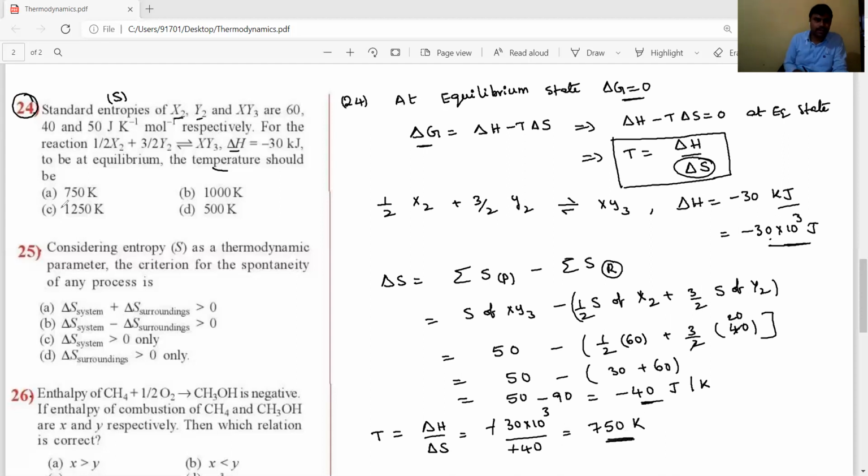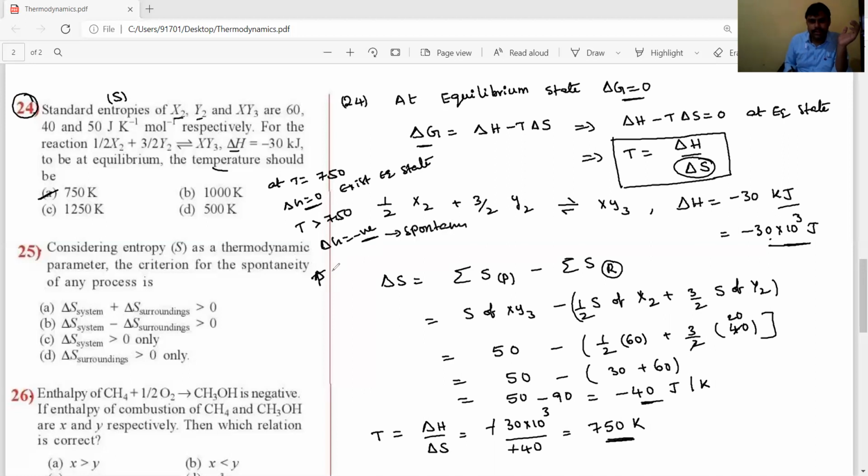So at T equal to 750, delta G is equal to 0, which is the equilibrium state. Above the temperature 750, delta G is negative, which means spontaneous.